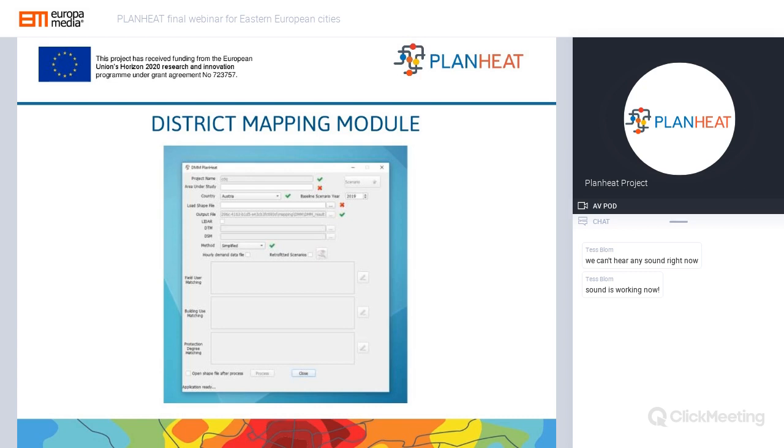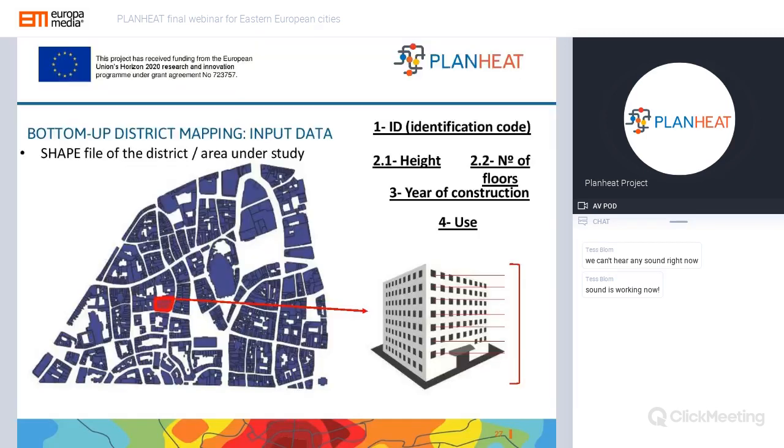So here you can see the picture of the next steps. And as said, other data like age, use, facade area can facilitate a more accurate evaluation of heating and cooling or other demand.